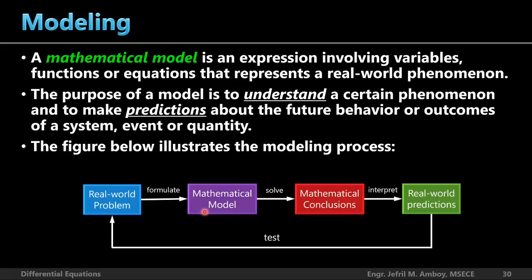And this can be done through the application of some existing physical laws. For example, Newton's law of motion, or if there is an electric circuit involved, we can use Kirchhoff's voltage law or Kirchhoff's current law. So these are just some of the few laws which we can use. And of course, there are many more others.